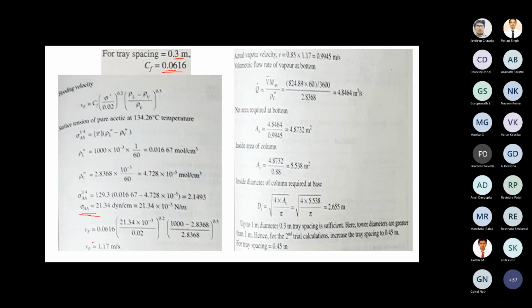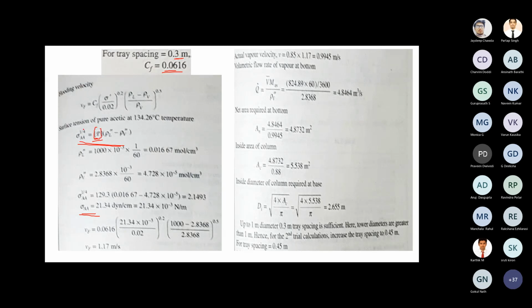Here one more method they are using to calculate the surface tension of acetic acid. P is called the Parachor constant. This is another method that you can use. You can refer to Coulson and Richardson volume 6, chapter number 5, on how to calculate liquid properties: surface tension, viscosity, latent heat. We have already used the Watson equation to calculate the latent heat. Similarly, this is another way to calculate the surface tension of acetic acid using the Parachor constant.